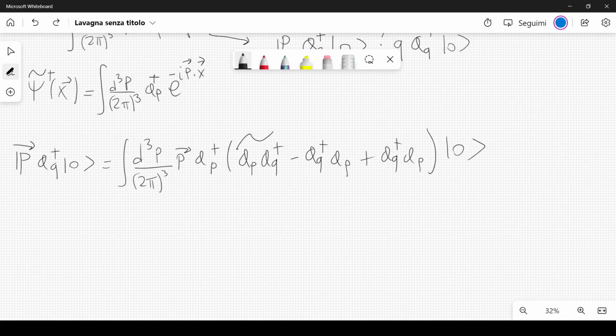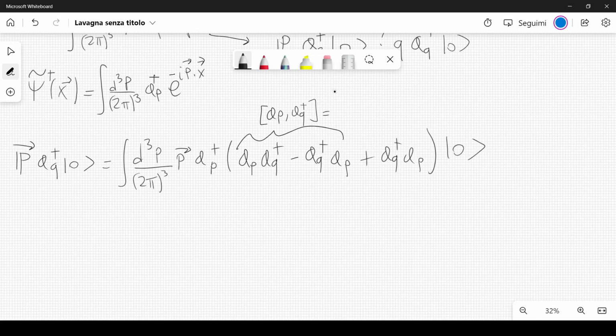But now the advantage is that here I have a commutator between a_p and a_q dagger. We can show, and we will do it later, I want to show this to you, even if for those people that have already followed a course on quantum field theory, this will be quite easy to understand.